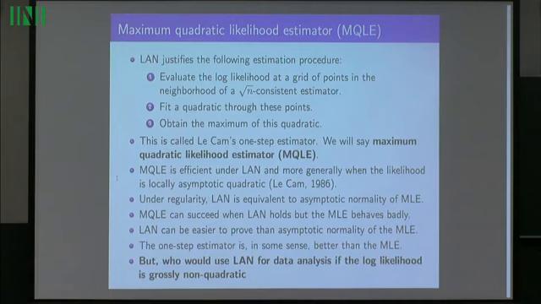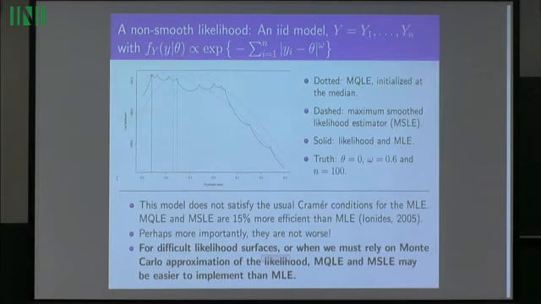One practical issue is who would use local asymptotic normality for data analysis, meaning the MQLE estimator, if the log likelihood is grossly non-quadratic. So here's one approach to deal with that. Here's an example of a non-smooth likelihood where it doesn't satisfy the Cramér conditions.